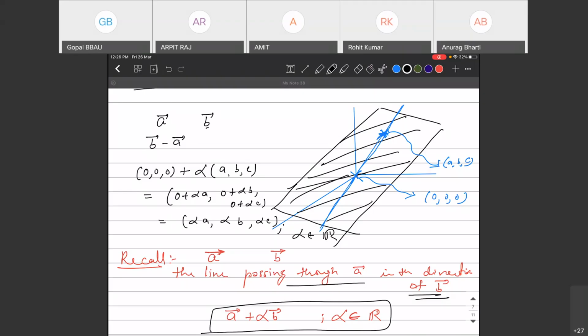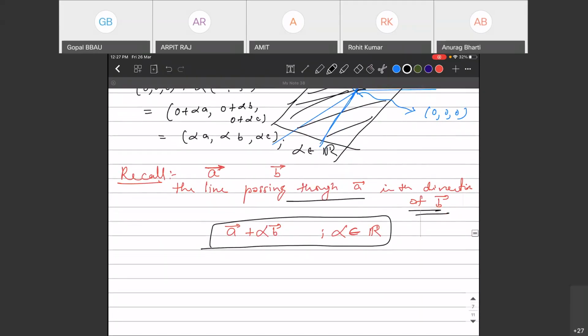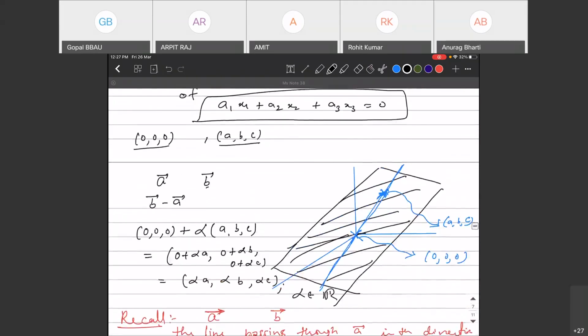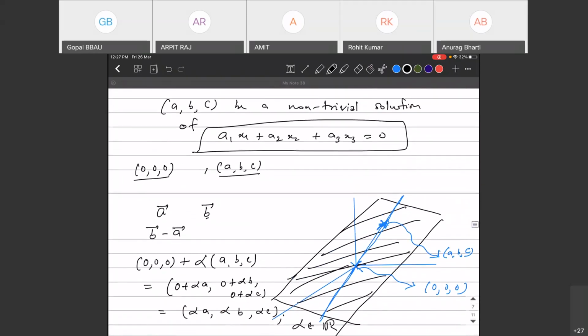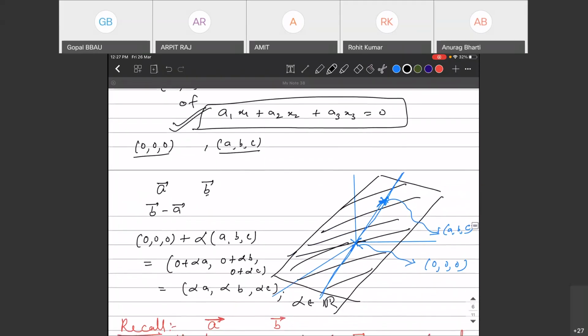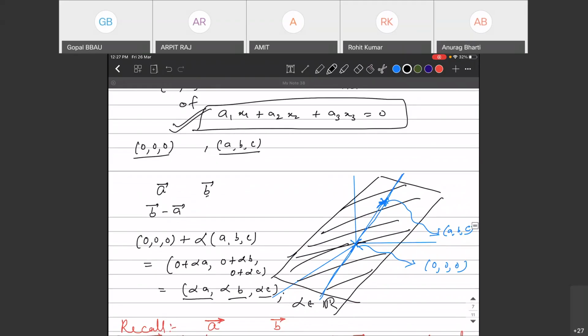Correct? Okay. And it's easy to see that if (a, b, c) is a solution of this equation, then (alpha a, alpha b, alpha c) will be a solution of this homogeneous equation. Right?